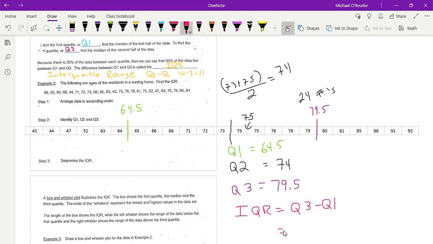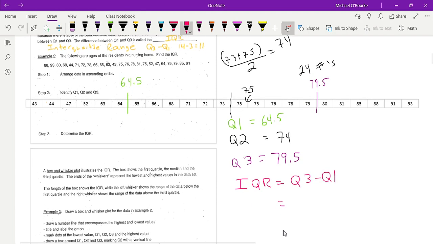Not yet, give everyone a second. Use the Q3 minus Q1.